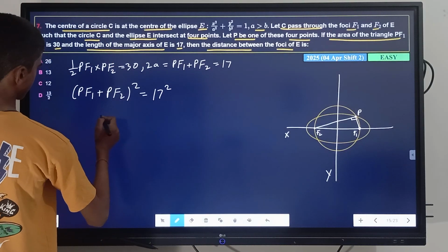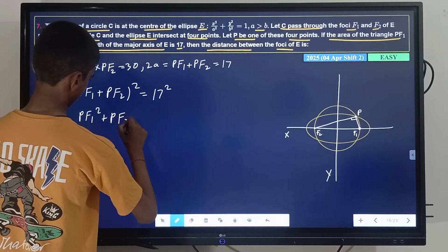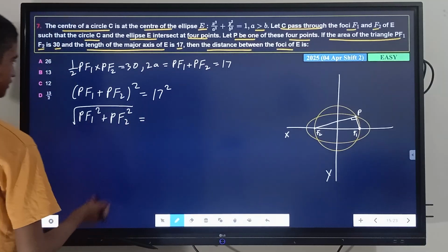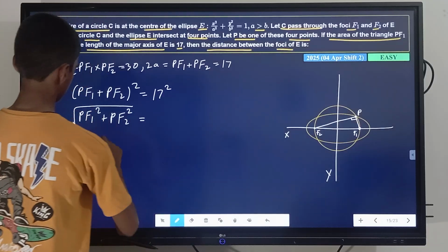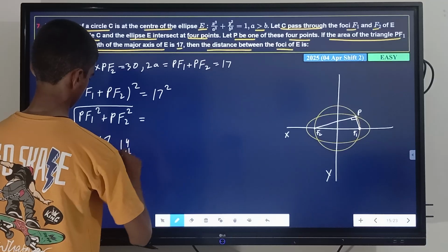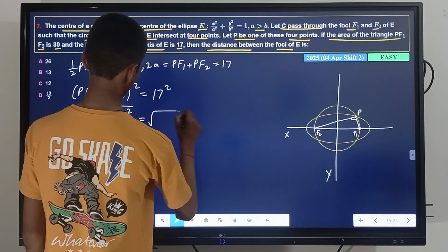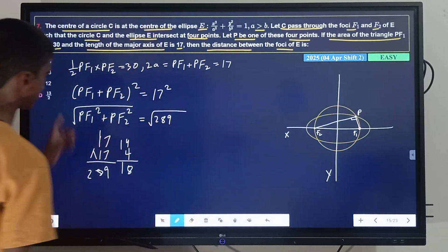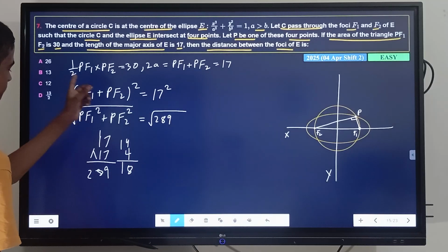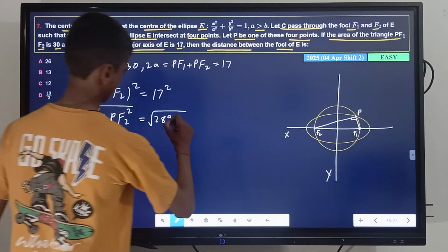From here we will get PF1 square plus PF2 square, and let's take the root at the same time: root of 289 minus 2 times PF1 into PF2, which is 60, and 2 times is 120, so minus 120.